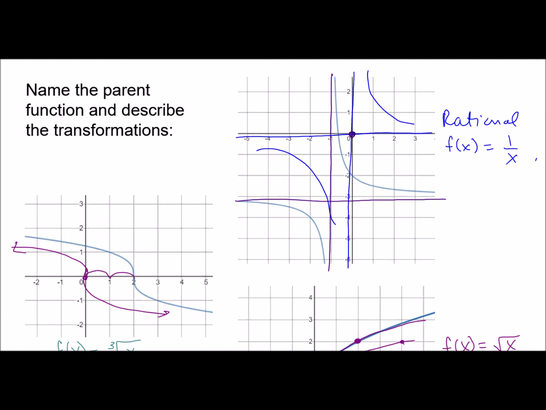They crisscrossed here, now they crisscross here. That means it's gone down 3 and left 1. So we've had a horizontal shift left, I don't even care if you give me the amount, and a vertical shift down. So it's all about knowing what the parent looked like and comparing it to that original one.